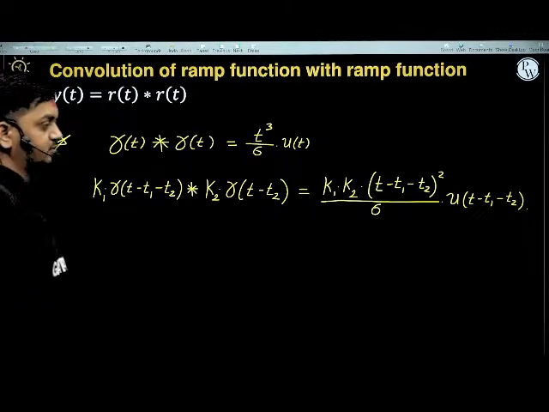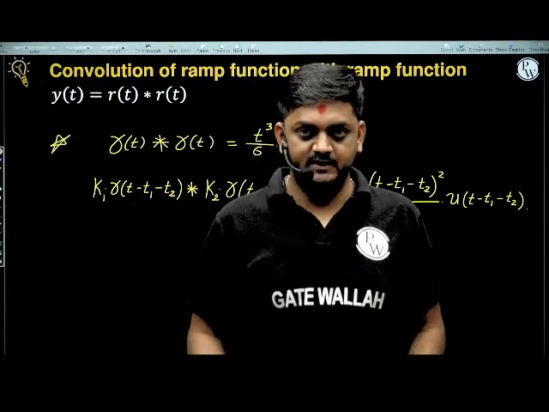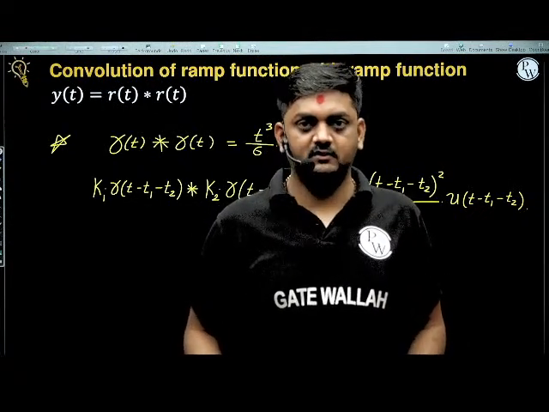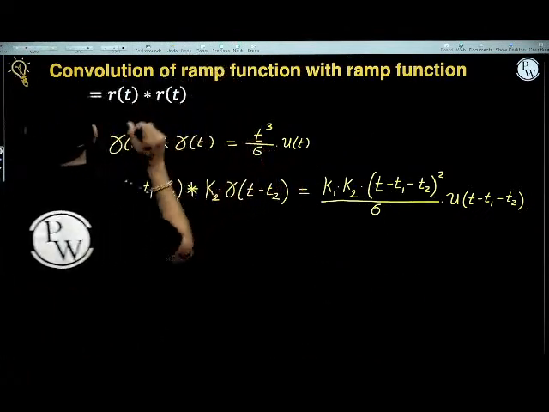Is this clear? Fine. So this is also a very important result, guys. Till now we have seen impulse with step function, then step with step, then ramp with step, then ramp with ramp, guys. So let us make a revision of all this.